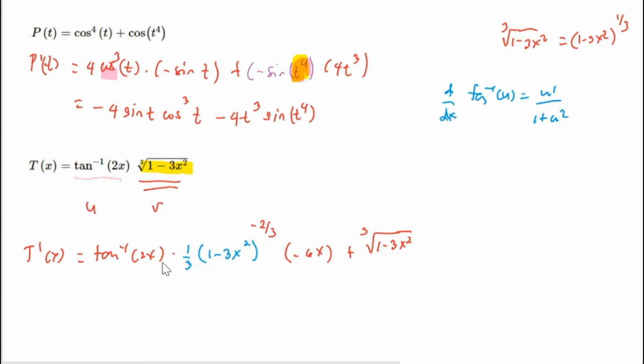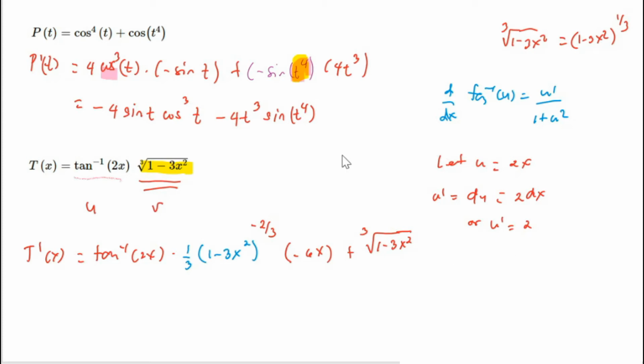In our case, u is equal to 2x according to our given. Now u prime, or du over dx, is equal to 2, or du equals 2 dx. Simply, u prime is equal to 2.